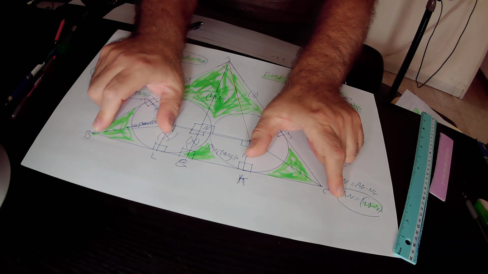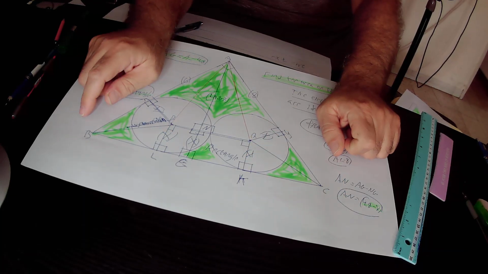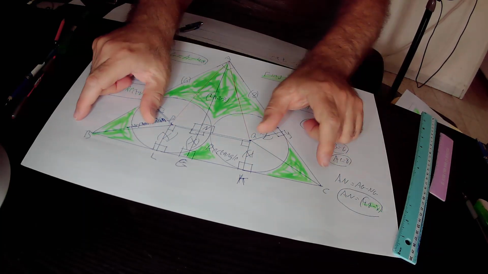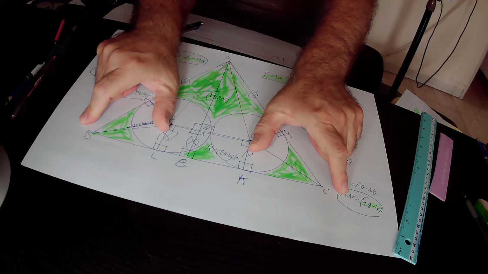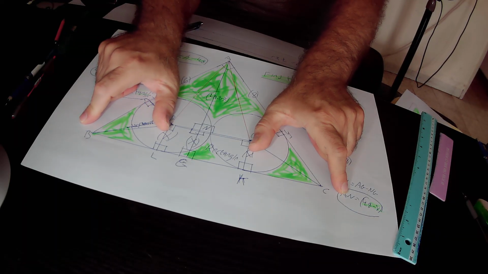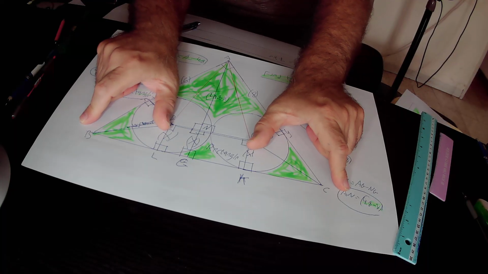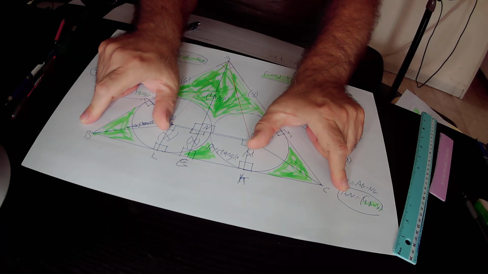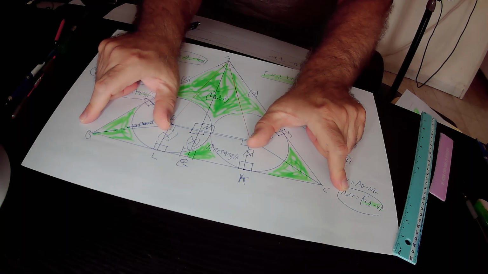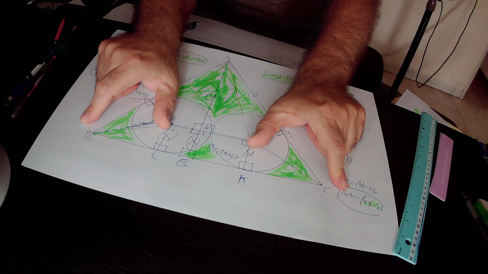Actually, it is very easy to see from the diagram that if you remove line segment LK from BC, what is left is BL plus KC. So BL plus KC in total equals BC, that is 10, minus LK, that is 2x. So BL plus KC equals 10 minus 2x units in length.